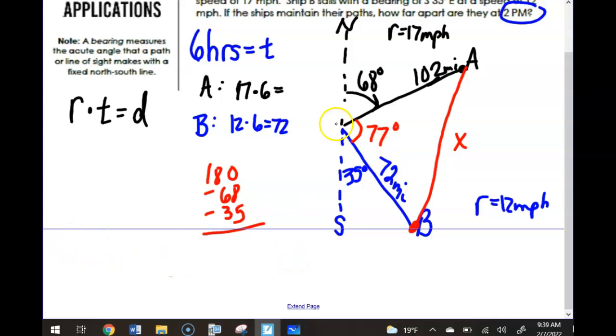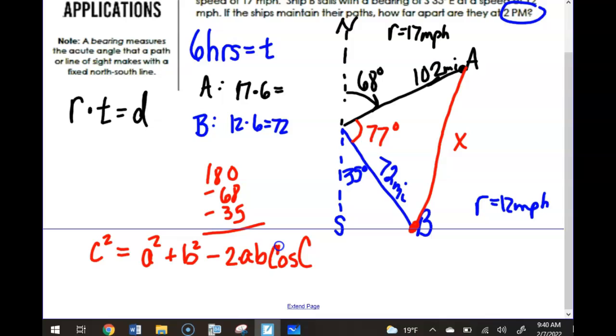I guess we could call this side C if we were doing the ABC thing. The side squared equals the squares of each of the other 2 added together, and then it's minus 2 times the 2 we know times the cosine of the angle in between.